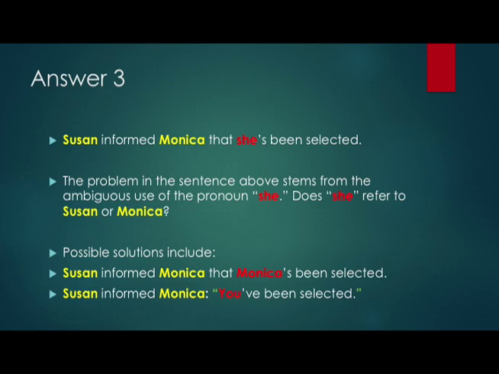So when we use direct speech, now we know that Susan is talking to Monica and she's saying to Monica, you have been selected. We could have also made it, I have been selected. But then we're eliminating all potential ambiguity in the sentence. So that's always a way to avoid that.